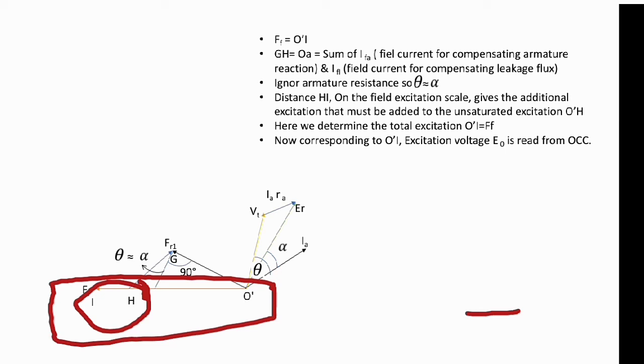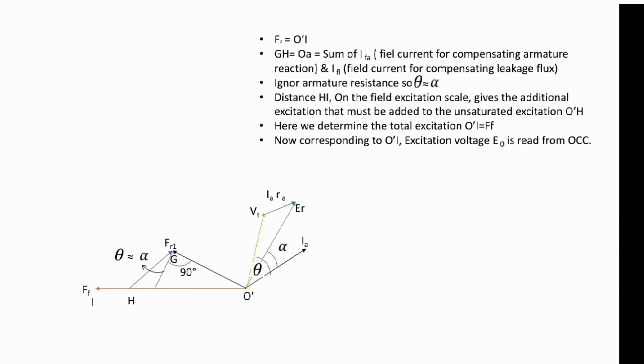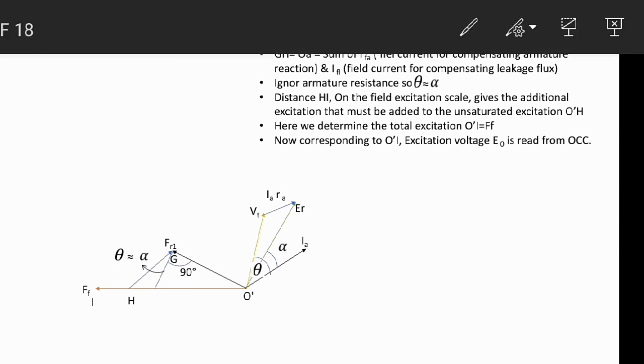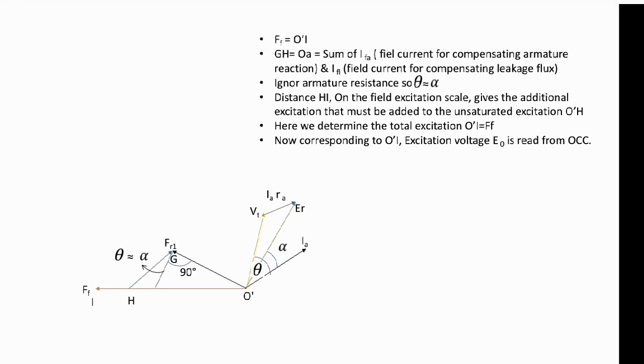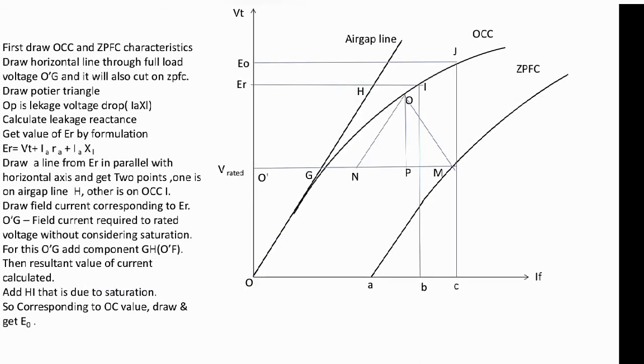So through this we get the O dash I, and through this O dash I we get the corresponding field current. As I told you, this is called the field current, and this is called O dash I.